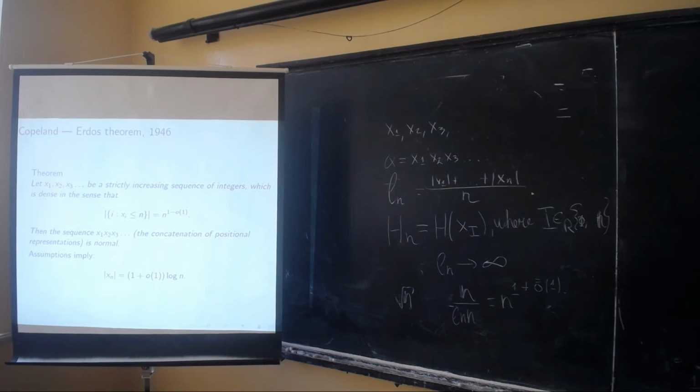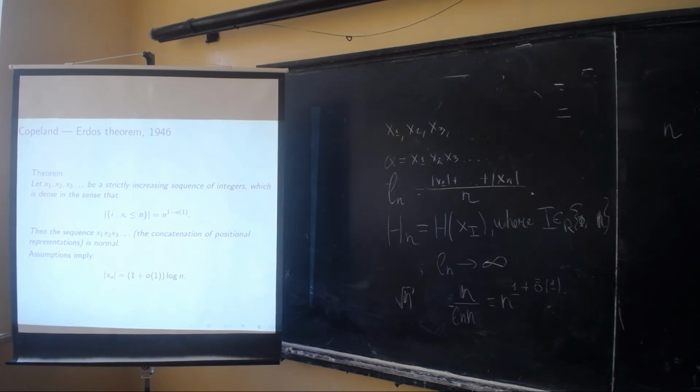There are n elements of the sequence which are at most x sub n. So you're trying to prove the second condition, that the average length is log n.